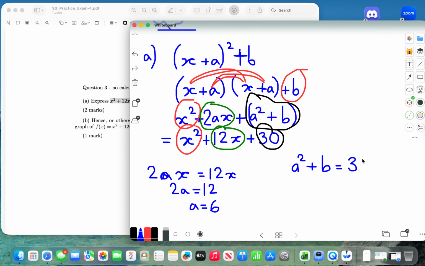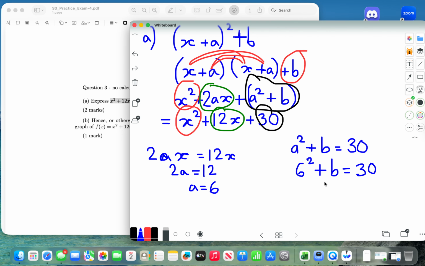But we've already established that a equals 6, so we can substitute a equals 6 into this. We get 6 squared plus b is 30. Now 6 squared is 36, and 36 take away 6 is 30, giving us b equals minus 6.